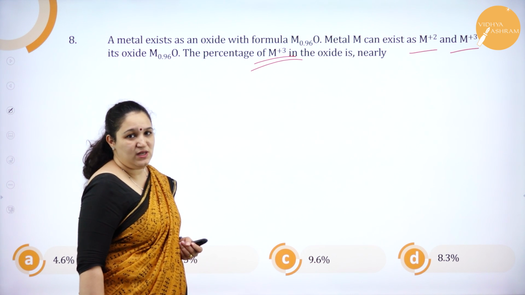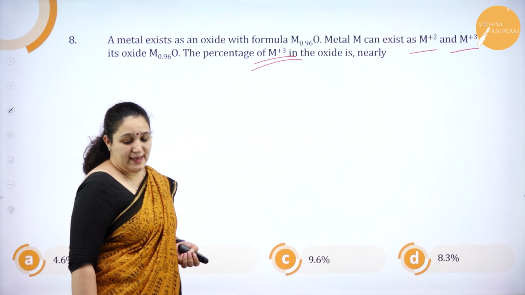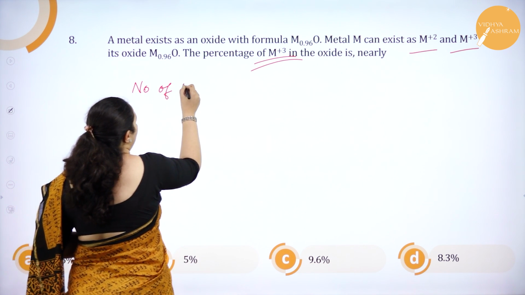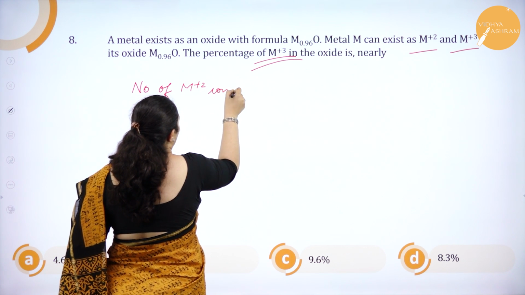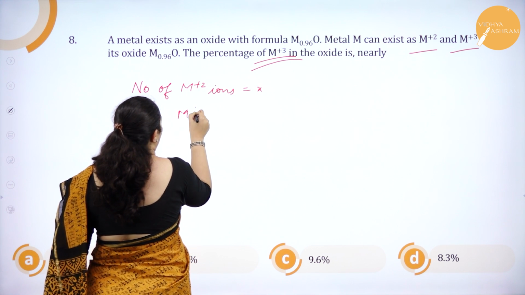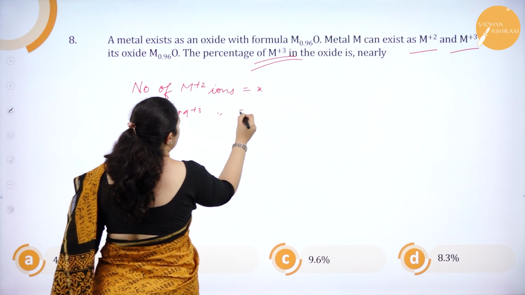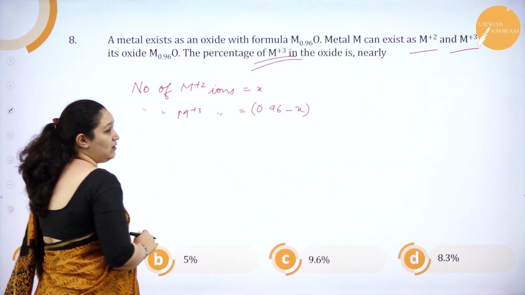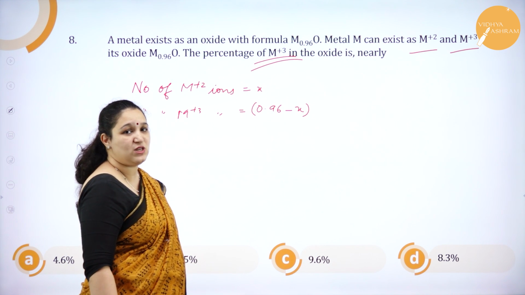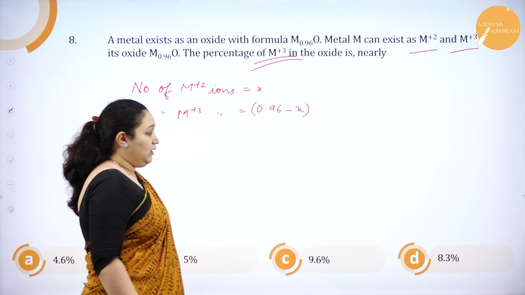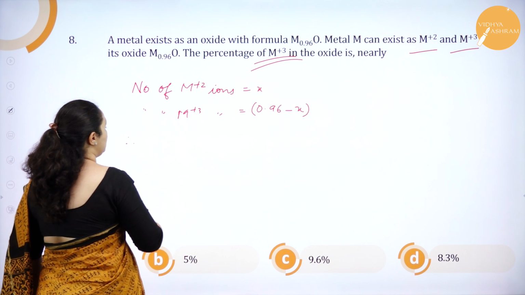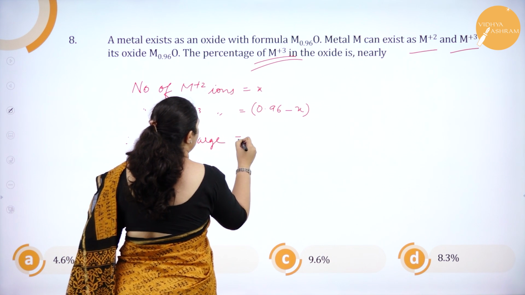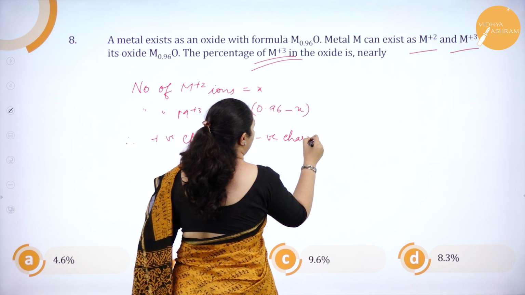So how do you actually solve this? First, let us assume the number of M+2 ions is equal to x and M+3 ions is equal to 0.96 minus x, because in the composition they have given 0.96. Now we know it's neutral, so positive charge is equal to negative charge.